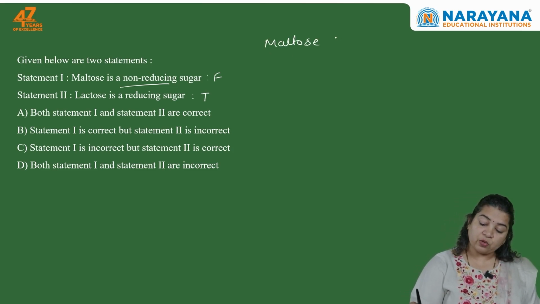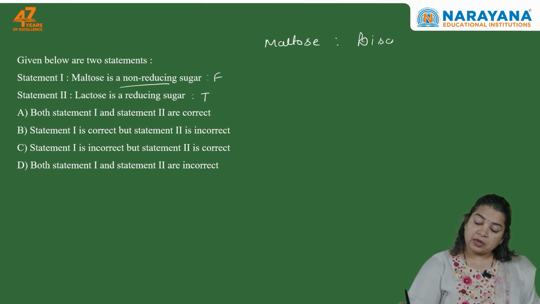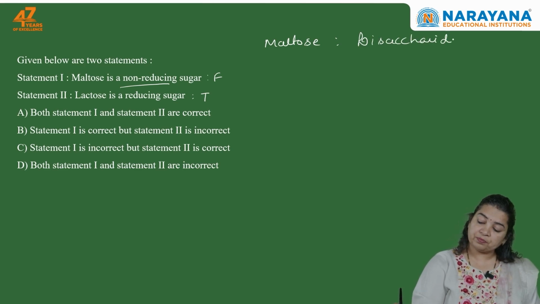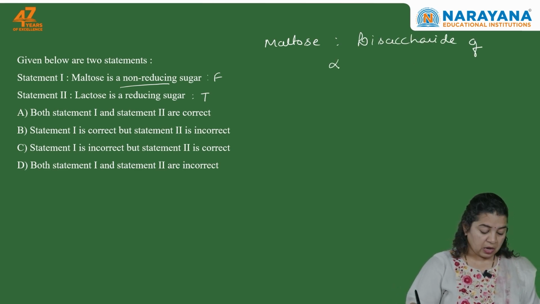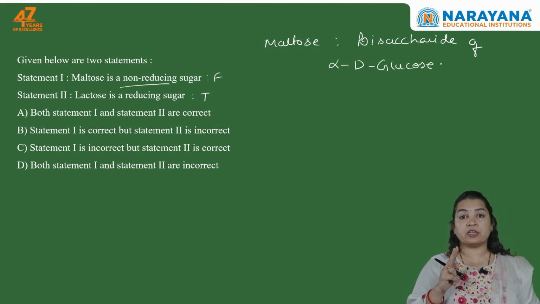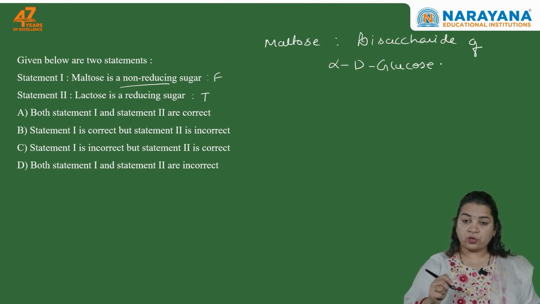Maltose is a disaccharide of alpha D glucose, that is, two molecules of alpha D glucose joined together.